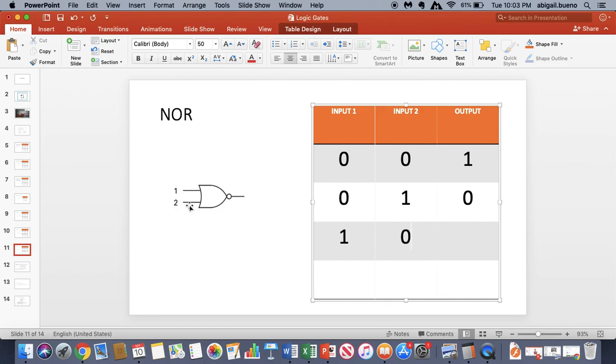If it's an OR, it is 1, but it's not, so it is 0. What if we have 1, 1? If it's an OR, it is 1, but it's not, so it's 0. So again, NOR is NOT OR, the opposite of the truth table for OR.